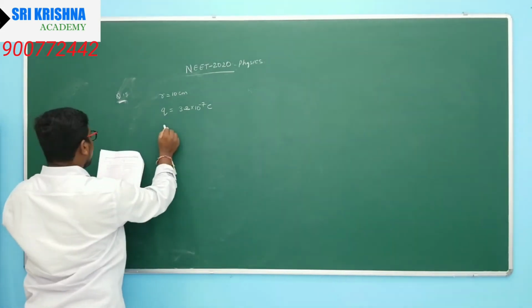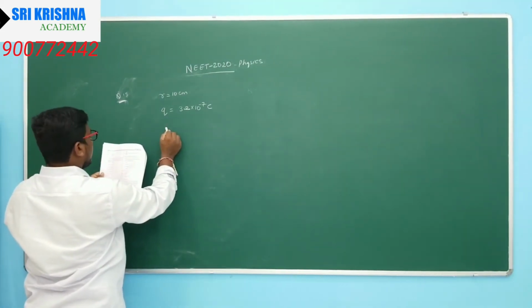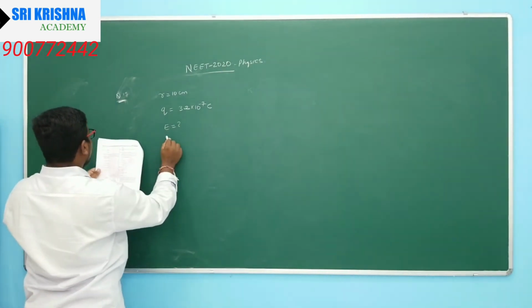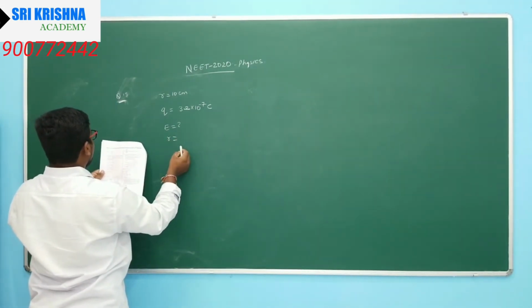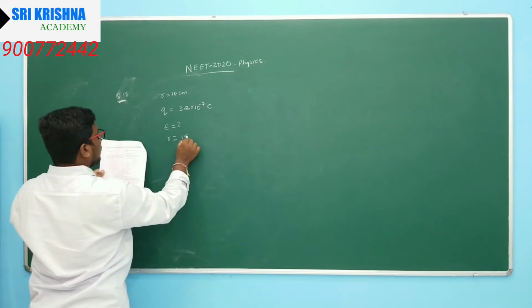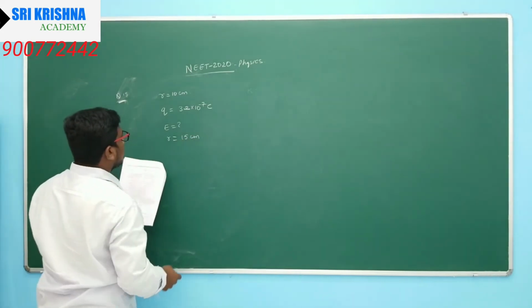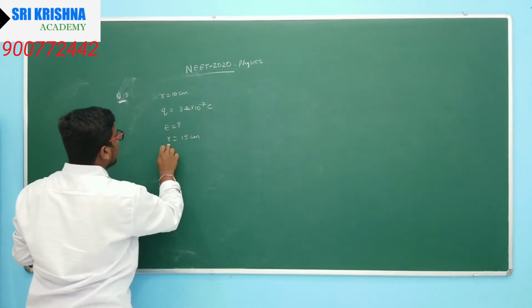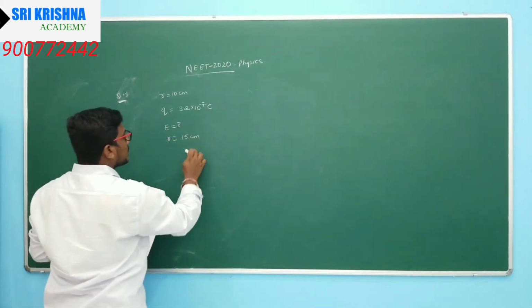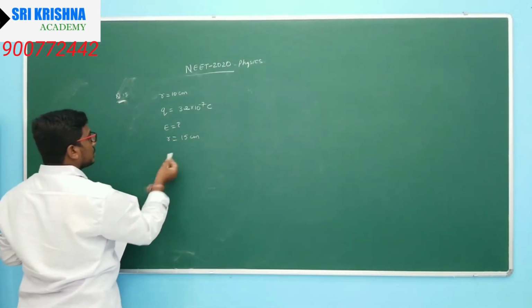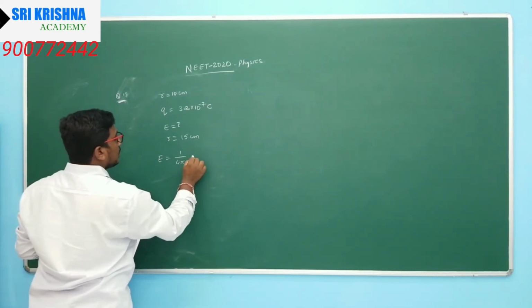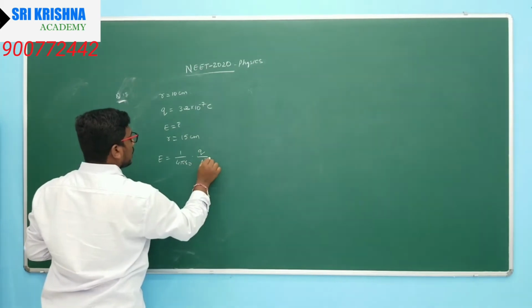What is the magnitude of the electric field at a point 15 centimeter from the center of the sphere? It is a direct formula: 1 by 4 pi epsilon naught into q by r square.